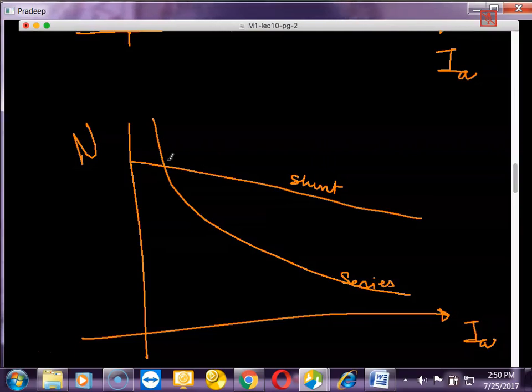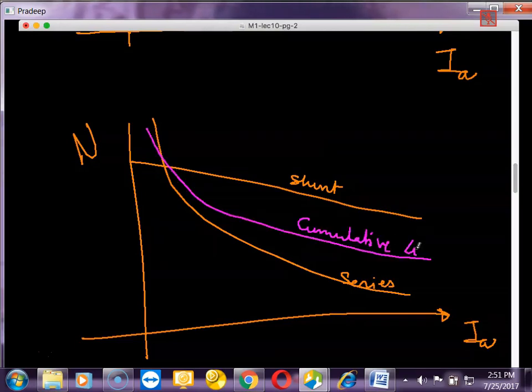So somewhere in the middle, I'll get the characteristic of the cumulative compound. Similarly, you will get another characteristic which is above. This is differential compound.